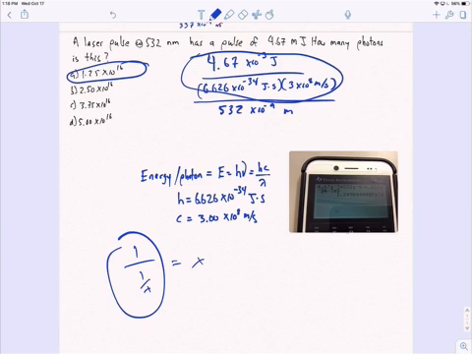Just like the way you had it, you calculate this and then divide by that, and you should actually multiply. Yep, okay. Just wanted to make sure.